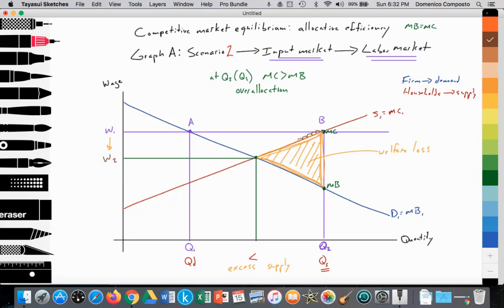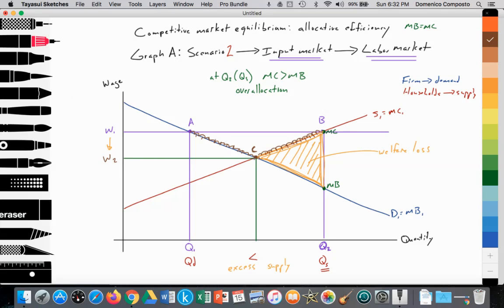The quantity supplied decreases along the supply curve from point B to point C. And as the wage falls, firms are willing to employ more labor because the cost of that labor has fallen, so the quantity demanded increases along the demand curve from point A to point C. At point C, supply S1 equals demand D1, marginal cost equals marginal benefit.